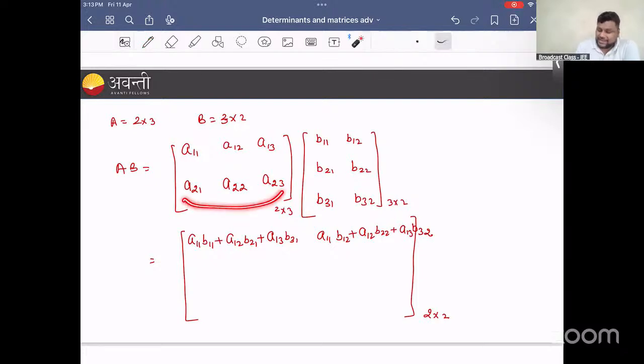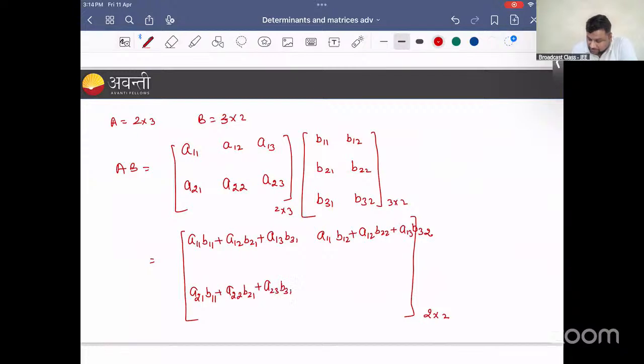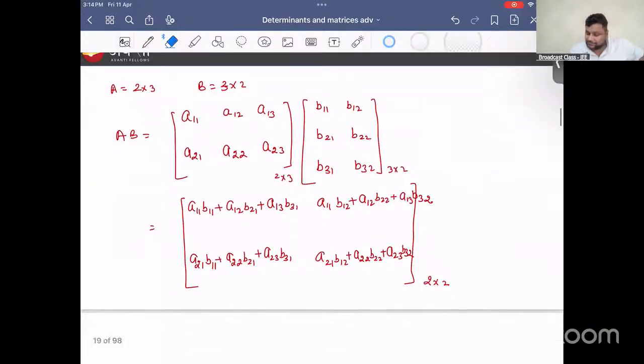Then second row, first column: A21 B11 plus A22 B21 plus A23 B31. Then second row, second column: A21 B12 plus A22 B22 plus A23 B32. So this is your resultant matrix. Understood?